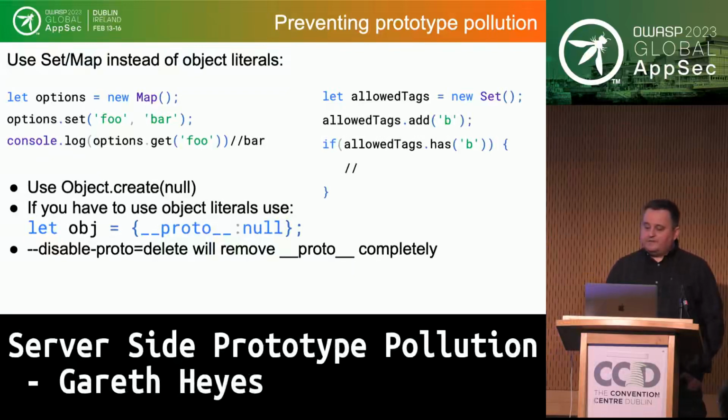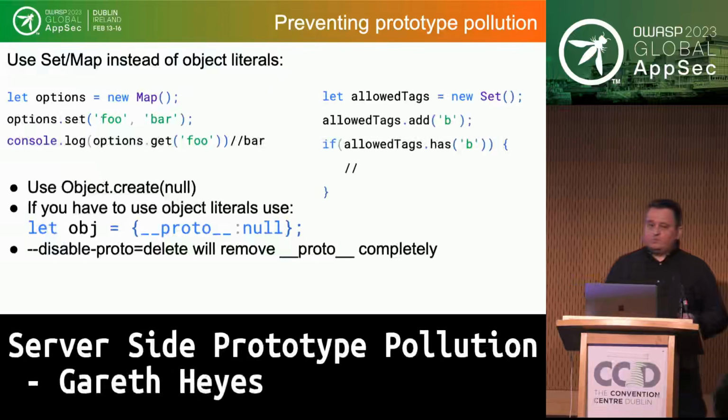If you must use an object literal, then as a last resort, you can use the __proto__ property with a null assignment, and that will ensure that that object does not inherit from the object prototype, which means it's not vulnerable to prototype pollution. Node also offers a command line flag to disable or delete the __proto__ property, which is really useful. It's called --disable-proto, and you do =delete.